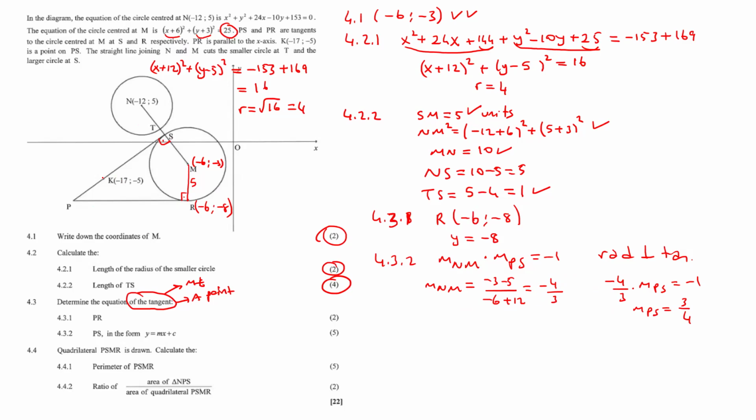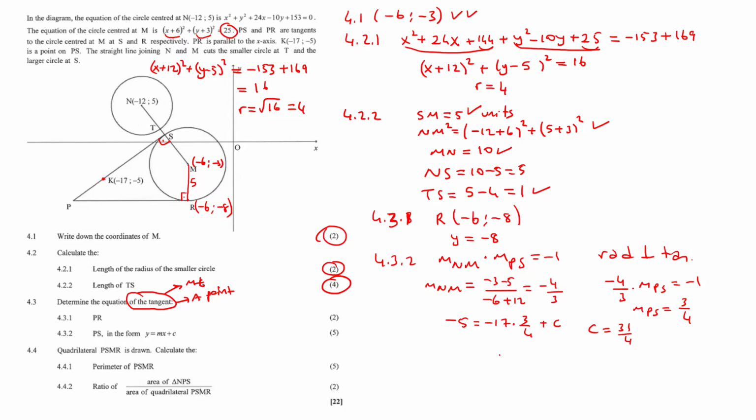Now we have a point as well, point K is on this line, so we substitute point K, so negative 5 is equal to negative 17 times 3 over 4 plus C. From this C value, 31 over 4.